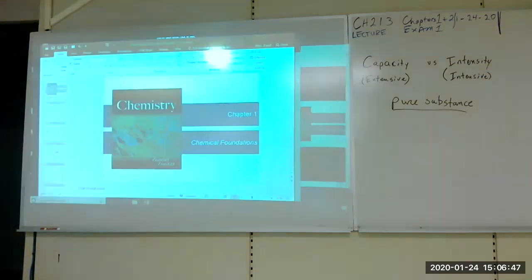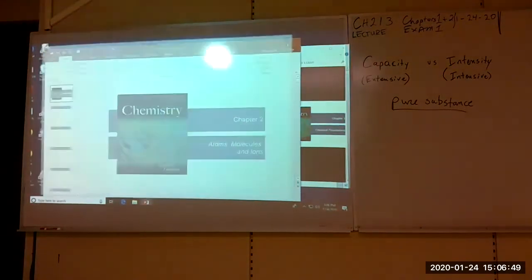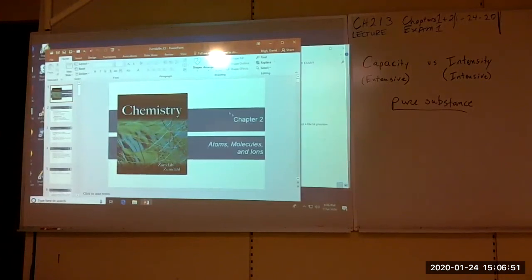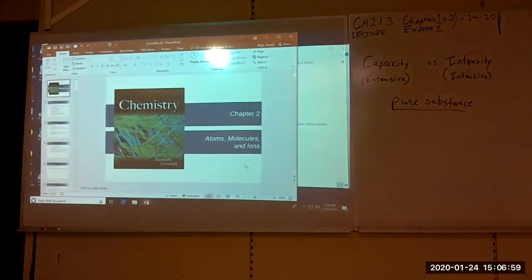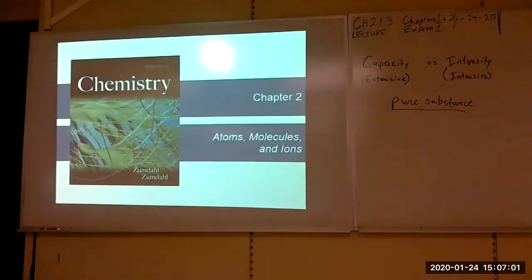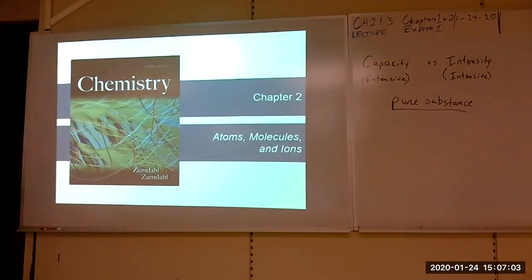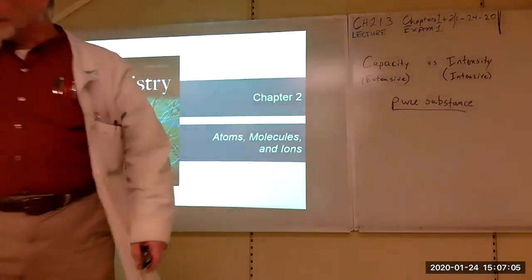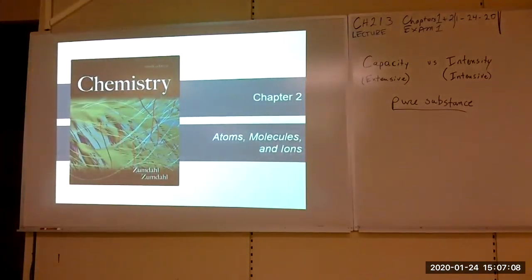Let's see. So let's close this one and go to chapter 2. Where is it? Oh, it was hidden. Okay. So let me check this out again. Chapter 1 and 2 is for exam 1.